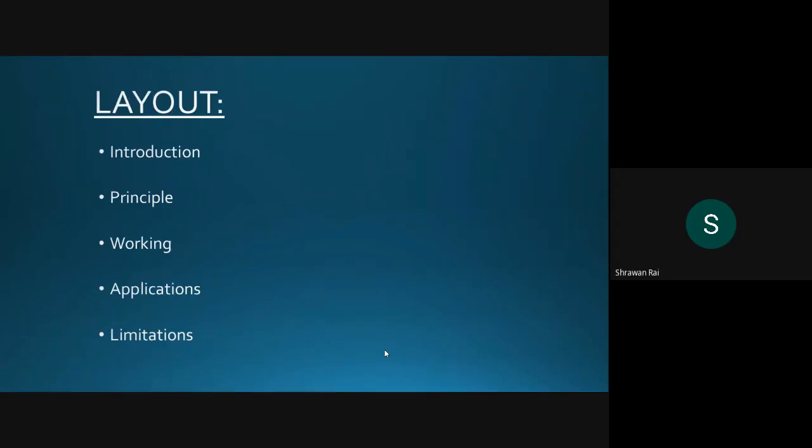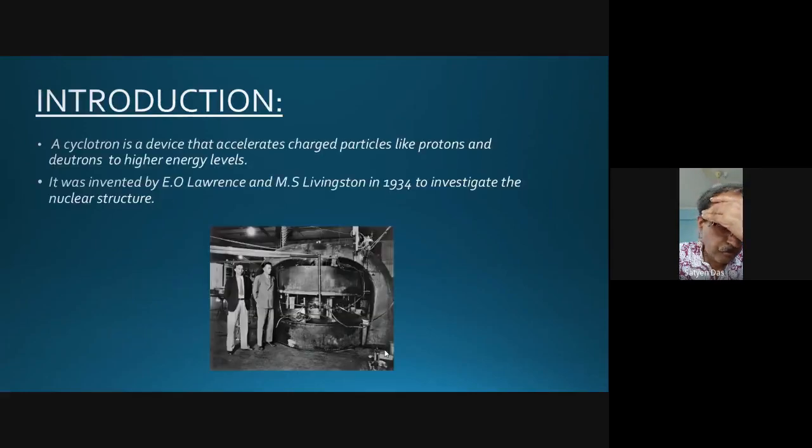These are the brief subtopics that we will be going through in this presentation. What is a cyclotron? A cyclotron is a device that accelerates charged particles like protons or a combination of protons and neutrons, deuterons, to higher energy levels.